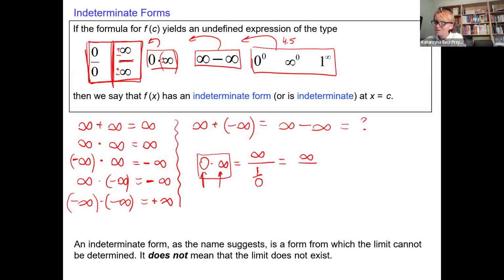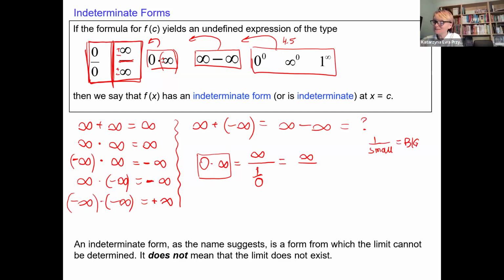What is 1 over small number? Do we remember from last week? 1 over small. I hope you watched the basics. Yes, 1 over small is actually big. Small for us, because we are super professional mathematicians, small number is 0, big number is infinity.